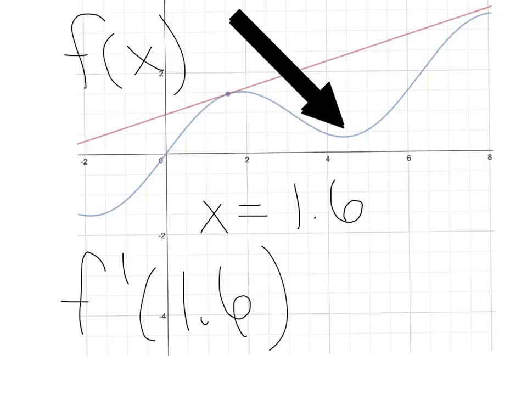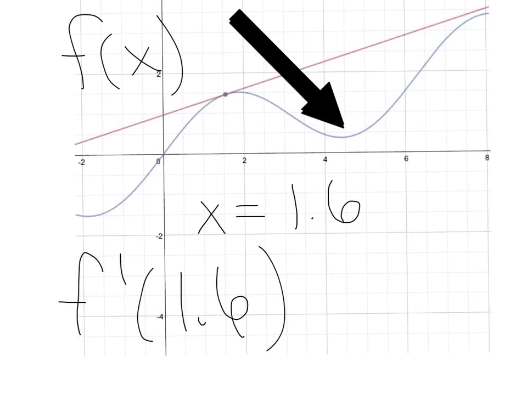And if I wanted to get a good estimate for the derivative of the function, then I would find coordinates for 2 points that are on the red line. This might be a good point to use for finding the slope, and a point like here might be a good point for using to figure out the slope.